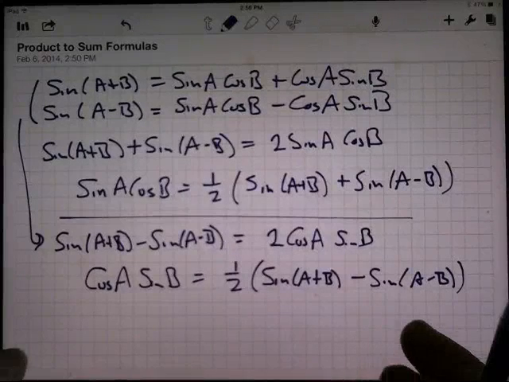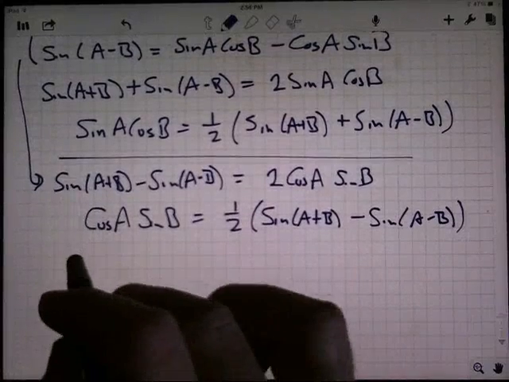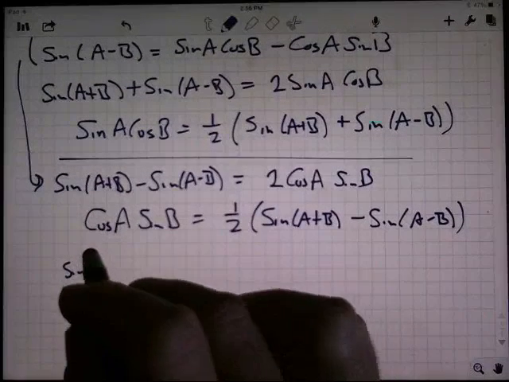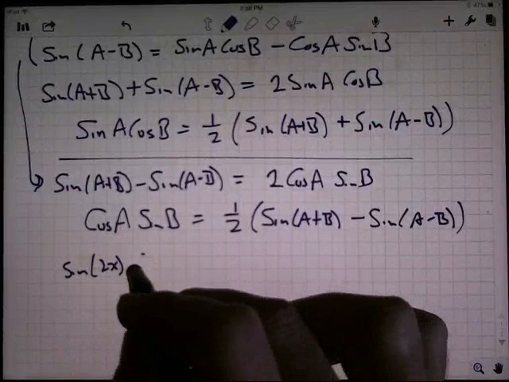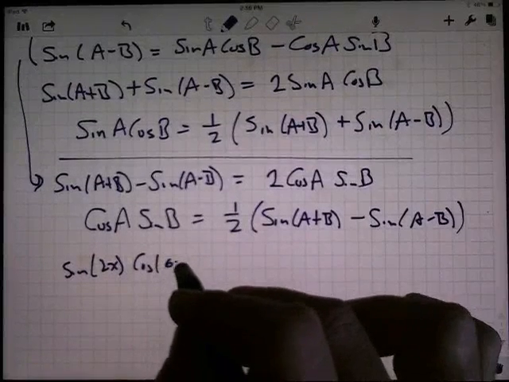Okay, let me do a quick example here. What is the sine of 2x times the cosine of 6x?